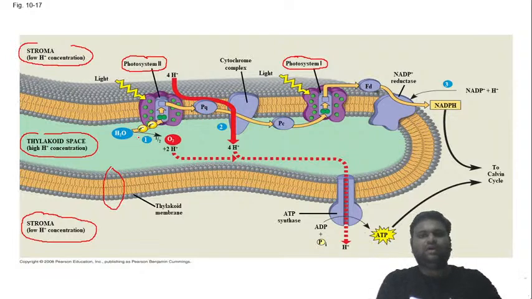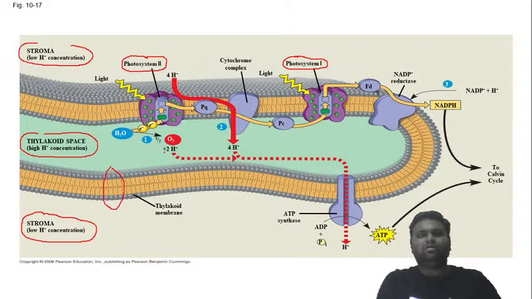So splitting of water molecule takes place in the photosystem 2. An oxygen molecule is generated along with hydrogen ions. And these move through cyclic phosphorylation to produce ATP from ADP. And these ATP go to the Calvin cycle for the production of sugar molecule.